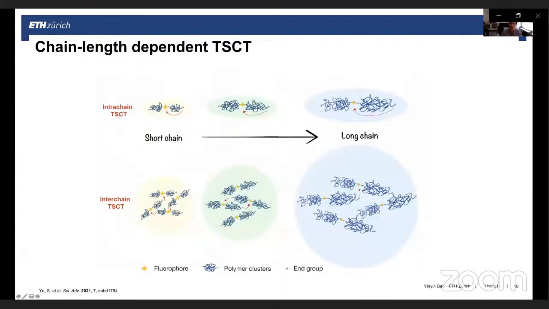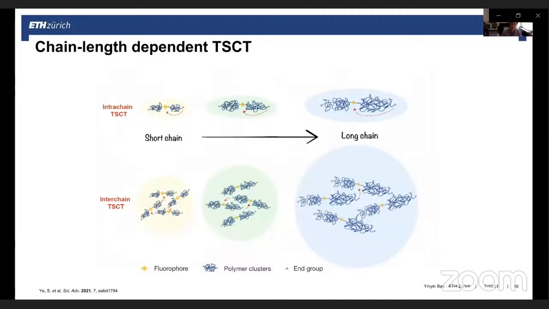Even if in the molecular structure the donor and acceptor are far from each other, in the solid state or the aggregated state they have a much higher possibility to interact with each other. So both intra-chain and interchain through-space charge transfer could be more efficient than in the soluble state. That's why we don't observe this type of emission in the organic solvent, but only in the solid state or the aggregate state.